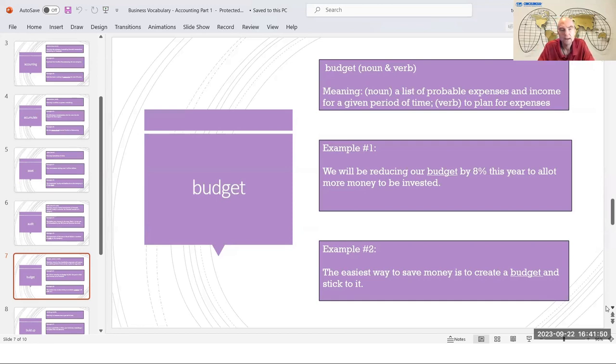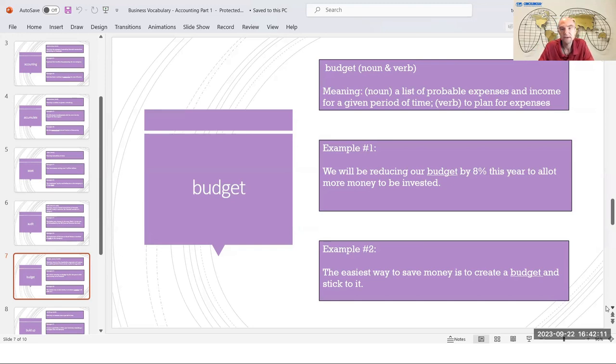Okay. Now, our second example reads, the easiest way to save money is to create a budget and stick to it. Okay.